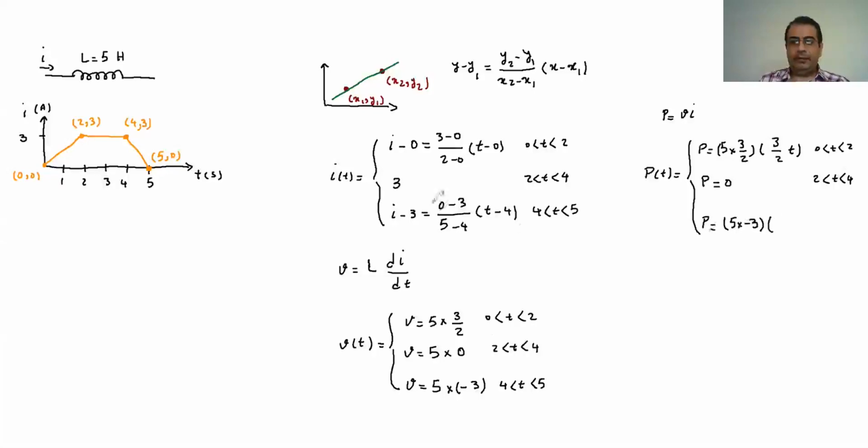And then the V here is negative, so it's going to be negative 3 over 1 t minus 4. I simplified this, and this goes the other way, plus 3.